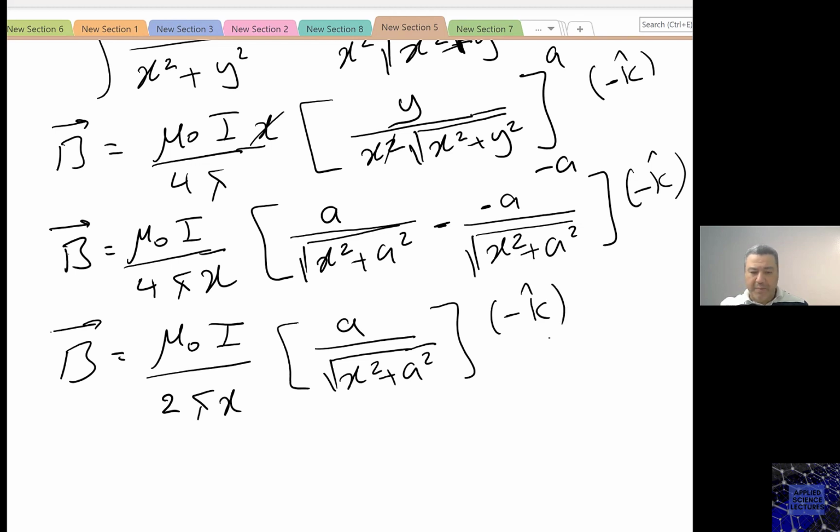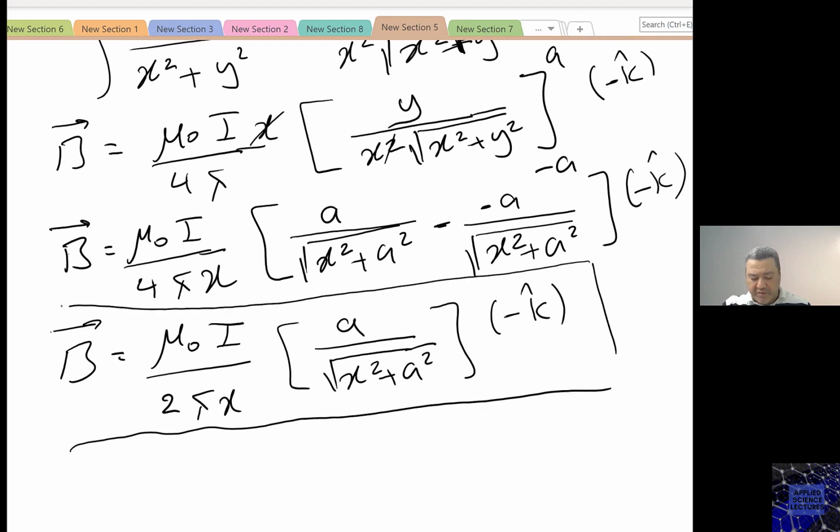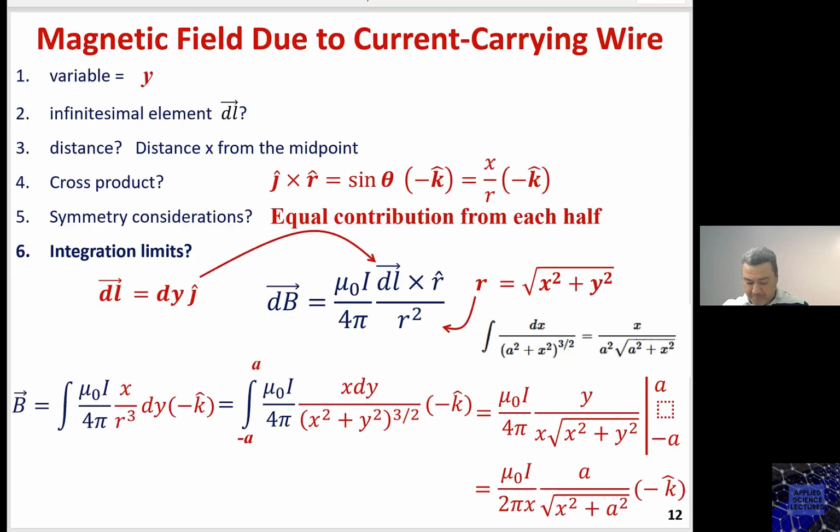So you can see that the direction of the magnetic field is pointing in the negative z axis, right? So this is the magnetic field due to a finite wire that has a current I going through. Again, this is how we derive it.